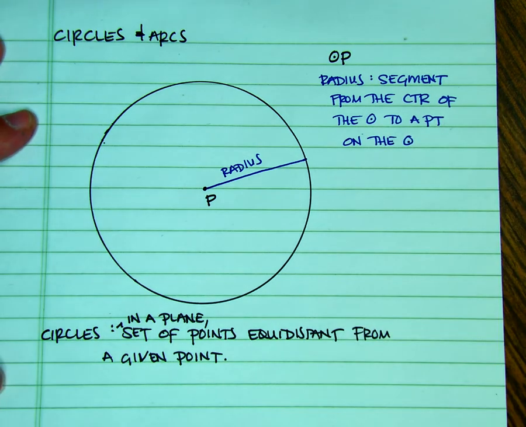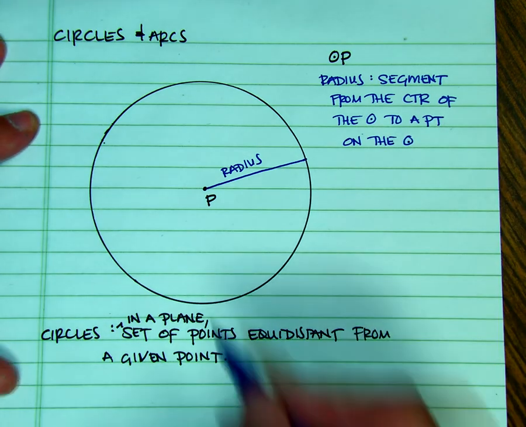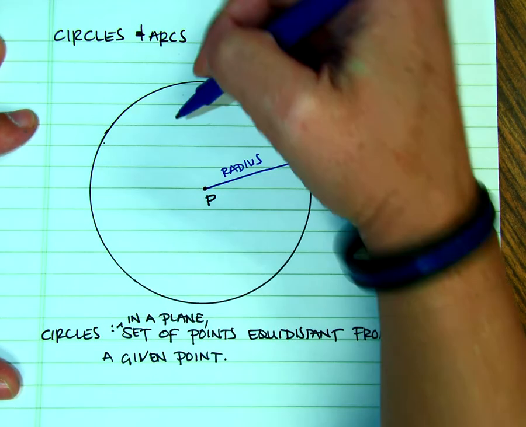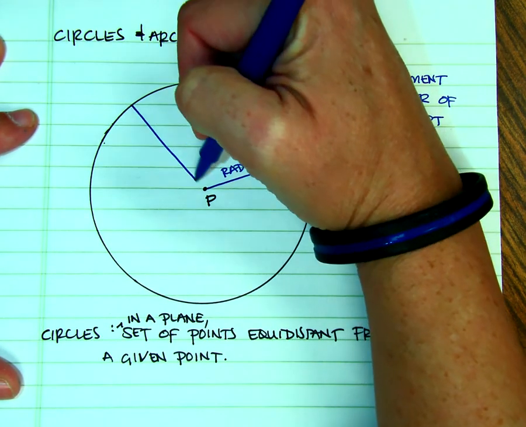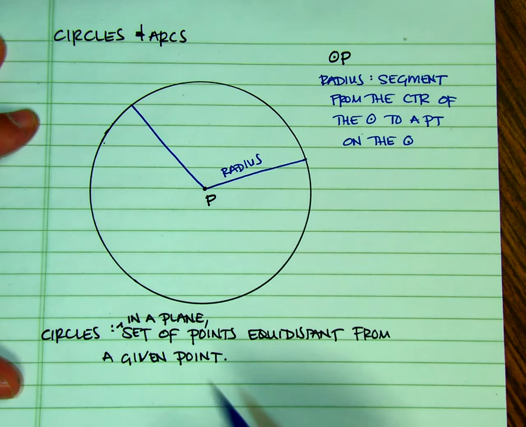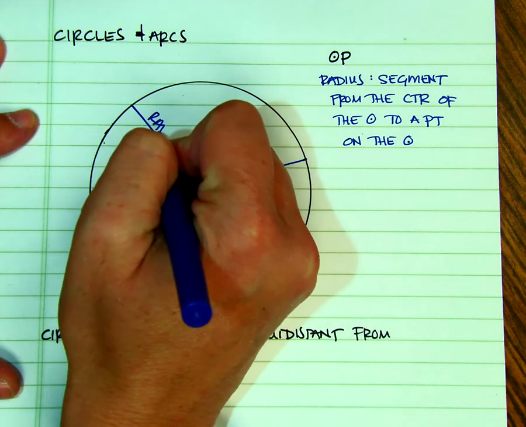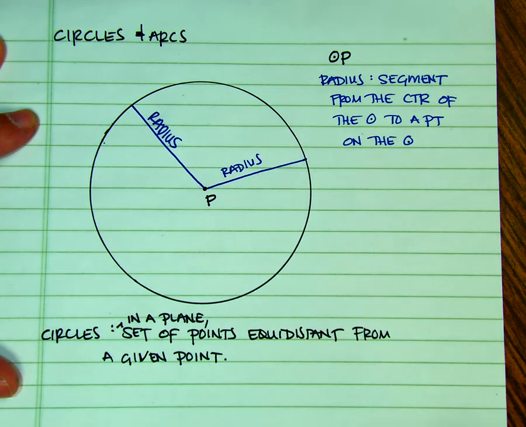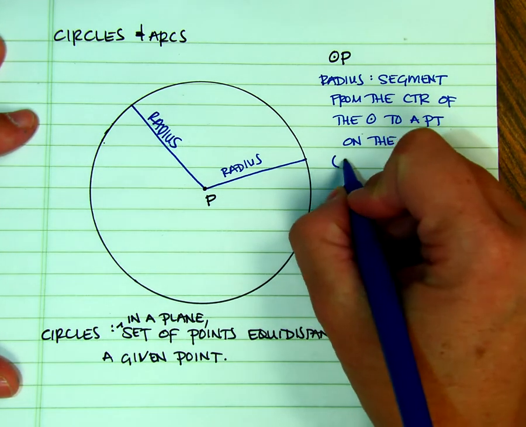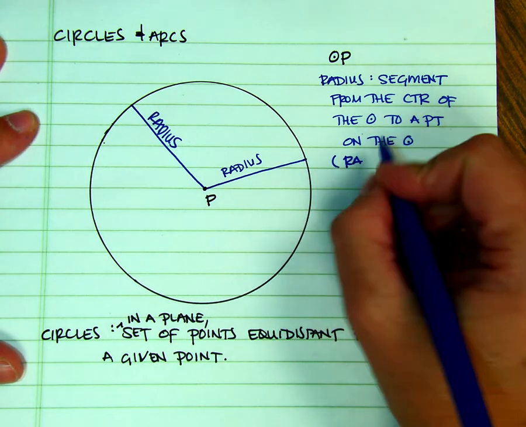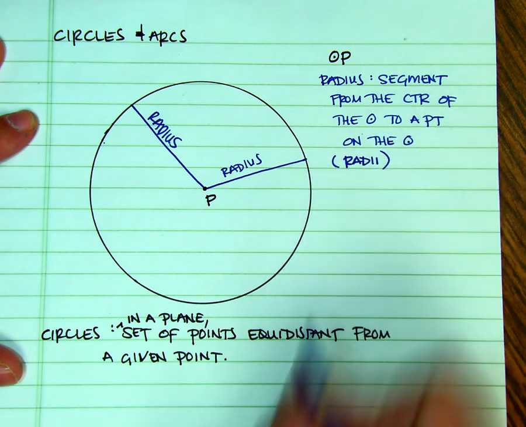And there are a whole bunch of radii. So if I draw the same thing over this way, that is still a radius. If you have more than one radius, you do not say radiuses, you say radii.